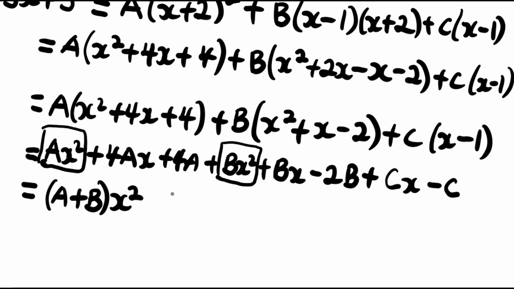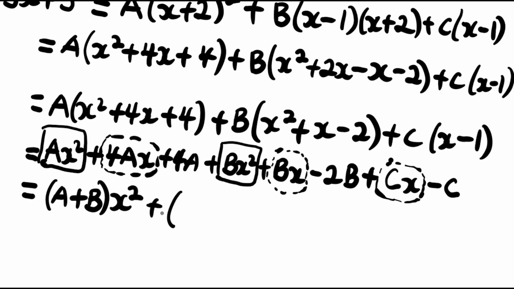So the next thing is to focus on terms that contain x. So this term contains x. This is an x term. This is an x term. This is just a term in x as well, right? And this is also a term in x as well. So we focus on those ones. So now what are their coefficients? So plus into bracket, I have 4a, right? 4a plus b from here plus c from here, right?